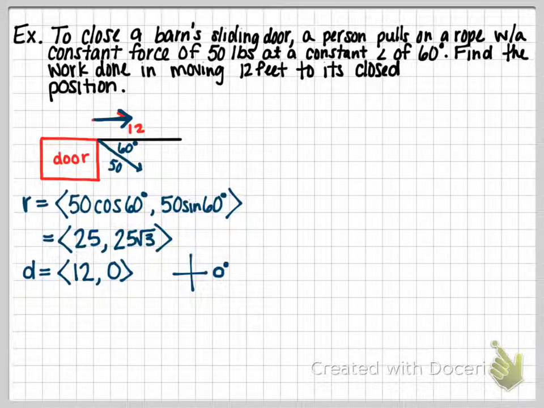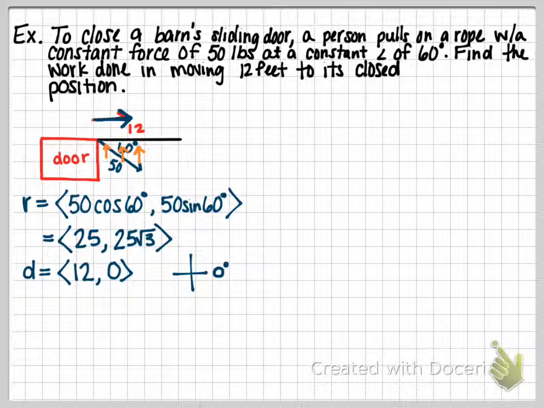So what we want to do is use the rope to close the door. We want to see the rope projected onto that part that the door is going to slide over.